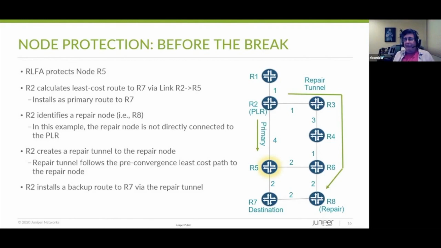That's R8. So instead of building a tunnel from R2 to R4, this time we build a tunnel from R2 to R8. When the link breaks, packets go along that tunnel. R8, the repair node, releases packets from the tunnel, and R8 forwards it along the one and only path to R7, and that's through R8-R7.